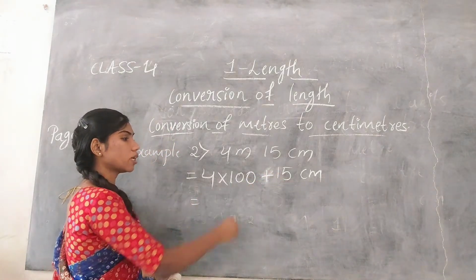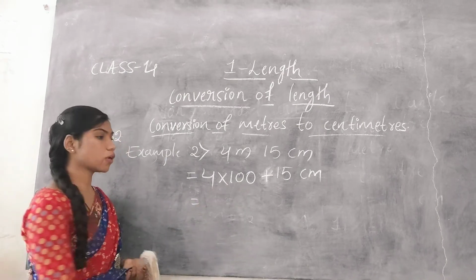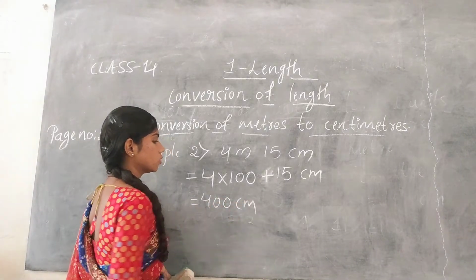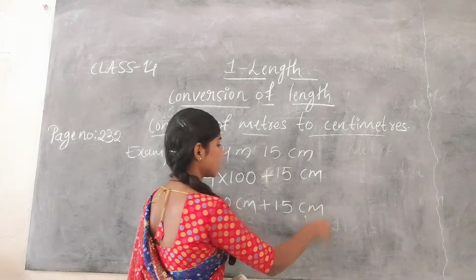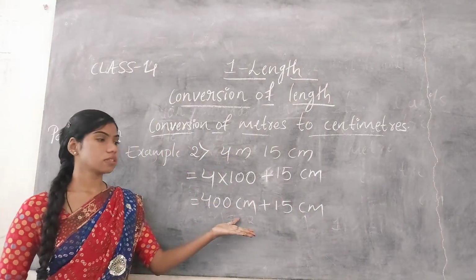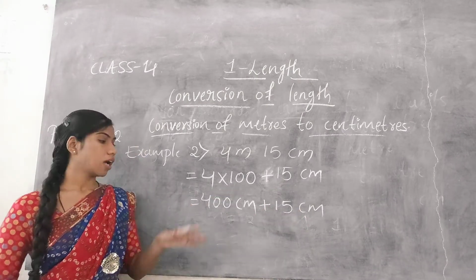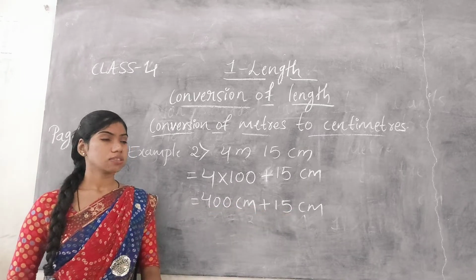4 into 100 is 400 centimeter plus 15 centimeter. And now add 400 centimeter and 15 centimeter.